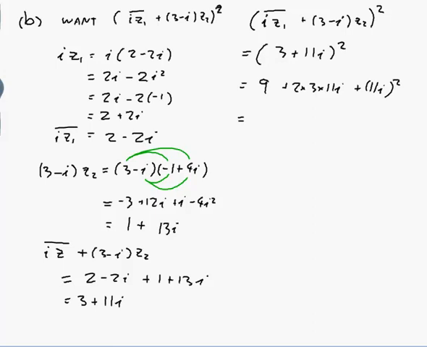So let's see, we have 9 plus 66i. 11 squared is 121. i squared is minus 1. So 9 minus 121 would be minus 112 plus 66i. Alright, next one.